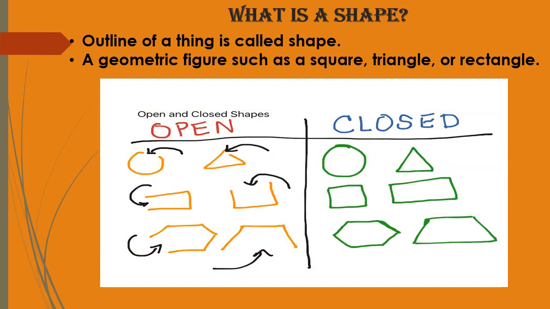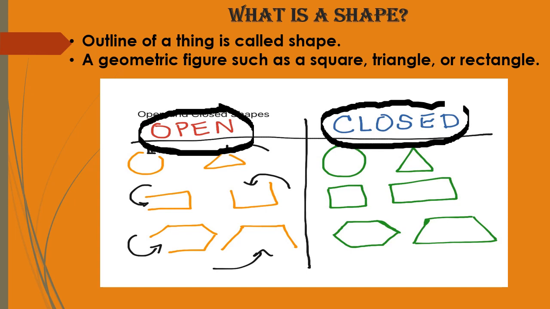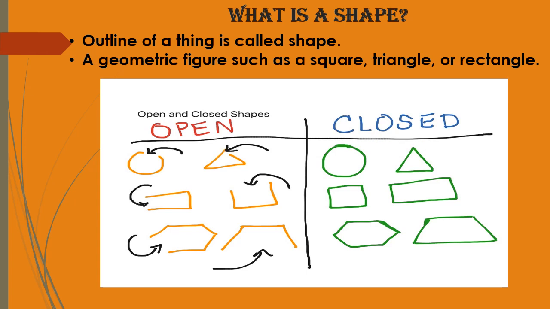Now I told you what a shape is. Basically shapes are of two types. One is open shape, another is closed shape. I think all of you have done this earlier also, but okay, let us discuss this also. What is an open shape and what is a closed shape?